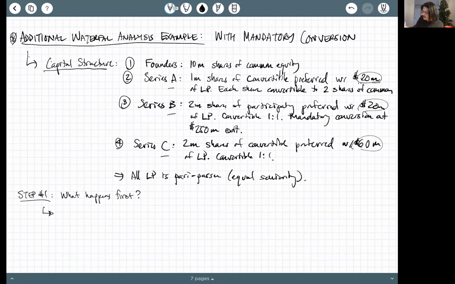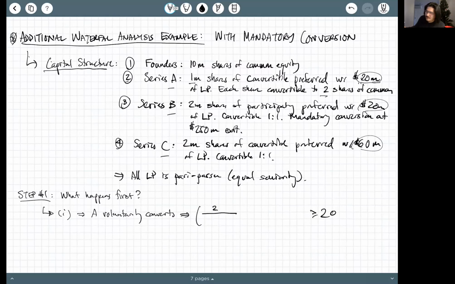Possibility 1 is that A voluntarily converts their preferred shares into common. They'll only convert if they receive more than $20 million from the conversion. So they need to get at least 20 million. What do they receive if they convert? Well, in that scenario, they would own 2 million shares because their 1 million shares can each be converted to 2 shares of common, so 2 million common shares.